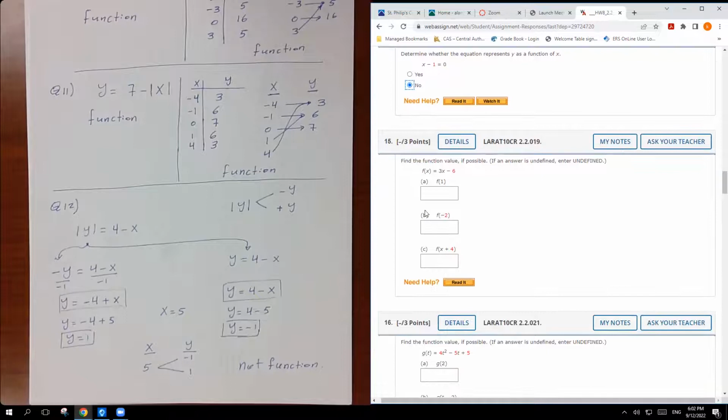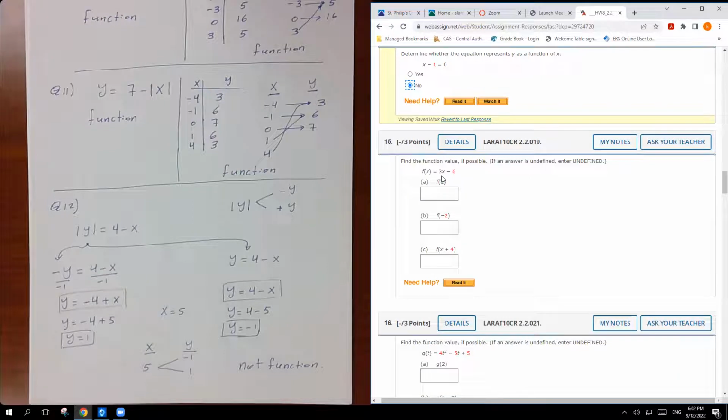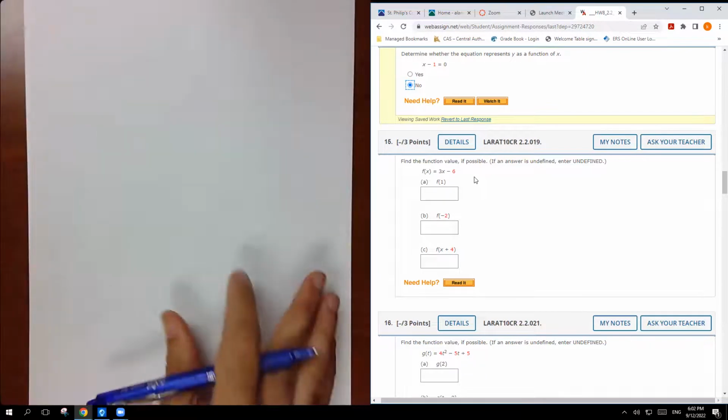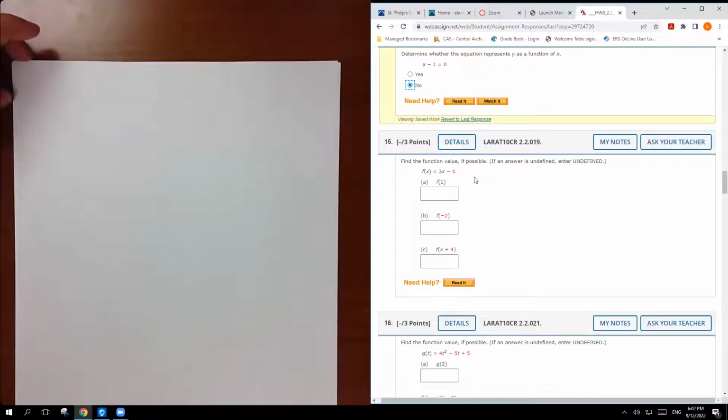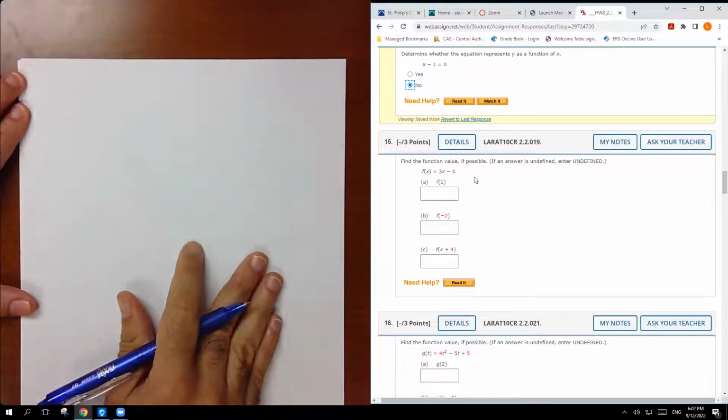The next part of this section, how we're going to find the value of the function. Let's check this example. Find the function value. F of x equal 3x minus 6. Question 15.